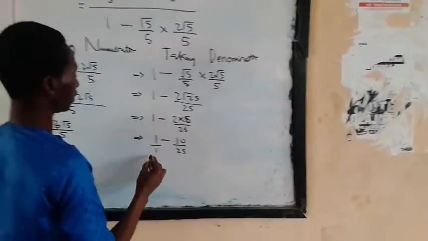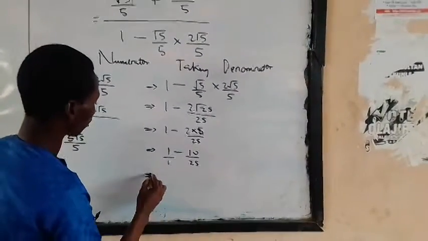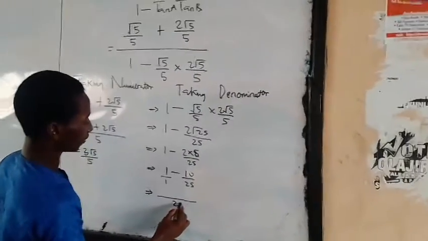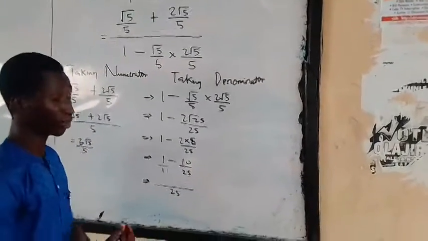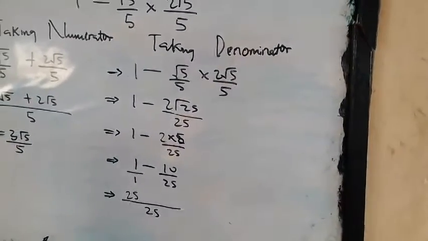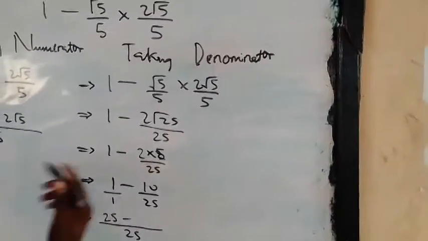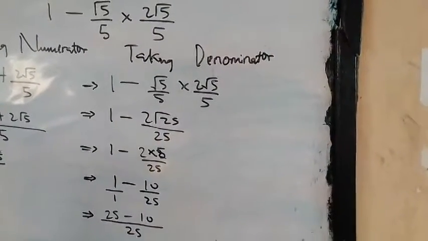Then we find the LCM. The LCM of this one is 25. 1 in 25 is 25. 25 times 1, you have 25. Minus, 25 in 25, 1. 1 times 10, you have 10.